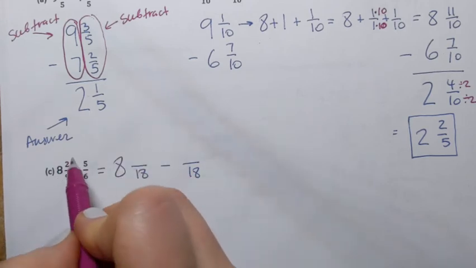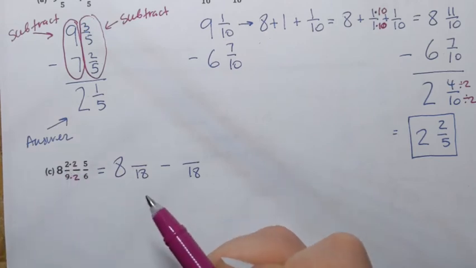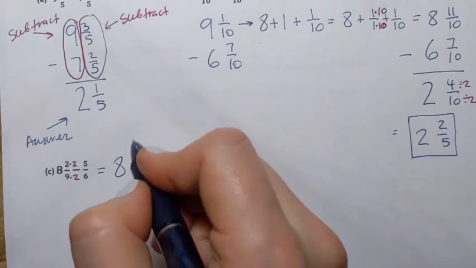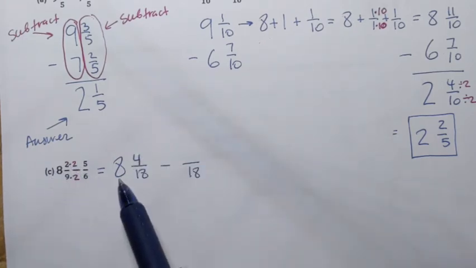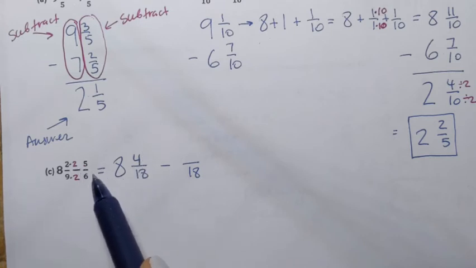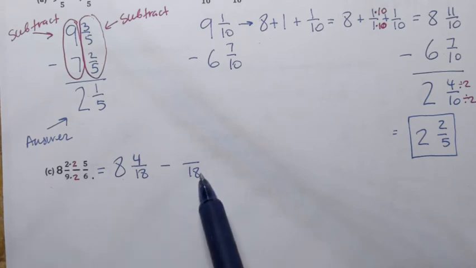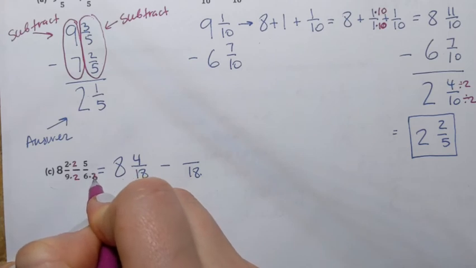Well, if the denominator has to be multiplied by 2, the numerator has to be multiplied by 2 as well. So that makes that 4. So my first mixed number I rewrite as 8 and 4 over 18. How about this fraction? It had denominator 6, but I wanted to have denominator 18. So that means that it has to be multiplied by 3.